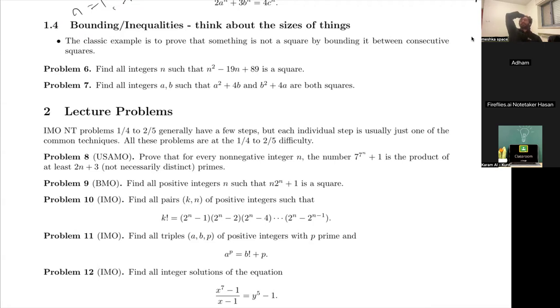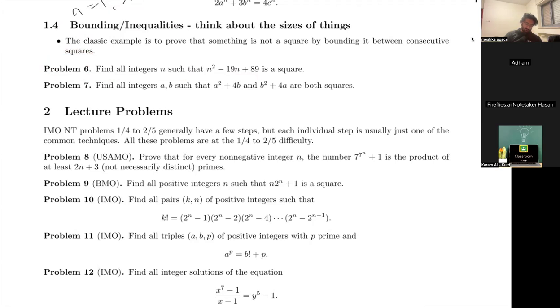It's just that sometimes you can argue that two things cannot be equal because they cannot be of the same size. One very common way will be illustrated with this problem 6. But maybe before we do problem 6, let me give an even simpler example.